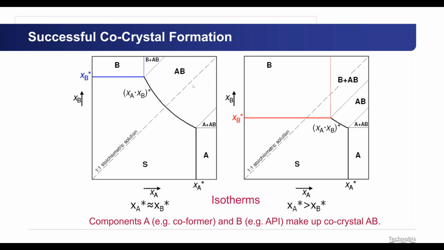But in real life, we know that those cases are quite rare, and in a lot of cases, the solubility of the API or your compound and the conformer are quite different, like when you look here. And then in most of the cases, if we look into a 1:1 stoichiometric ratio in our experiment, you will end up most probably with a mixture of one of the components, either more of your API or more of the conformer and the co-crystal, or just a physical mixture, depending on what you have there.